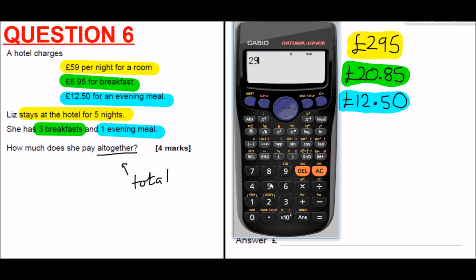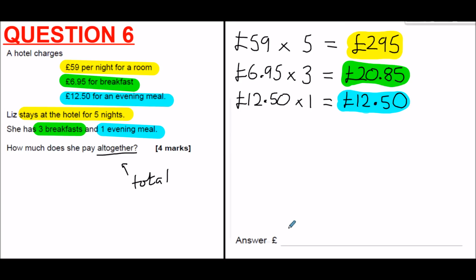So 295 plus £20.85 plus £12.50 brings us to a grand total of £328.25. And so that's what we need to write down on our answer line. And then we're done for question 6.